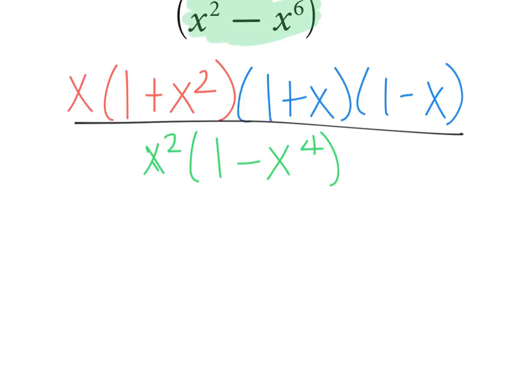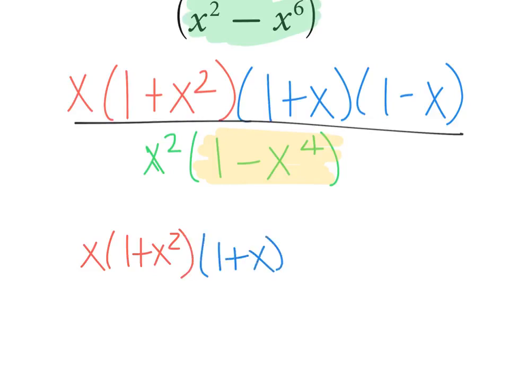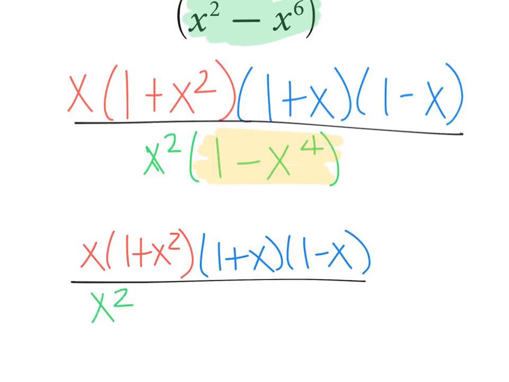But you can factor the denominator some more because 1 minus x to the 4th is again a difference of perfect squares. So my numerator is still the same, x times 1 plus x squared times 1 plus x times 1 minus x, divided by x squared, and then 1 minus x to the 4th factors into 1 minus x squared times 1 plus x squared. So it was able to factor again.